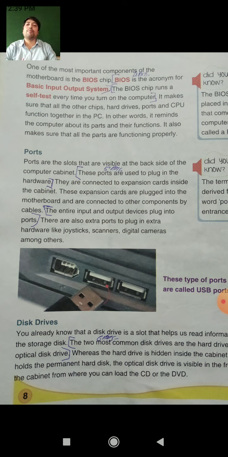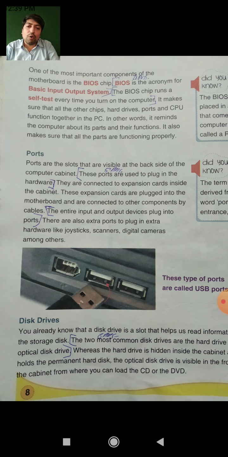Firstly we will see the theory part, what is written in your textbook. You already know that a disk drive is a slot that helps us read the information on the storage disk. The two most common disk drives are the hard drive and the optical disk drive.